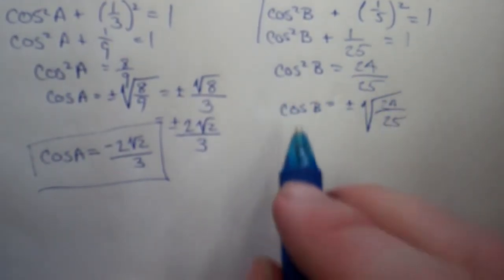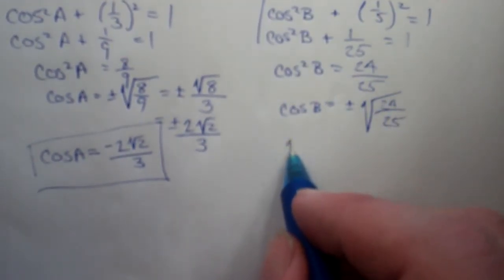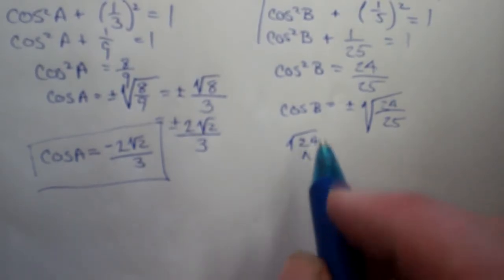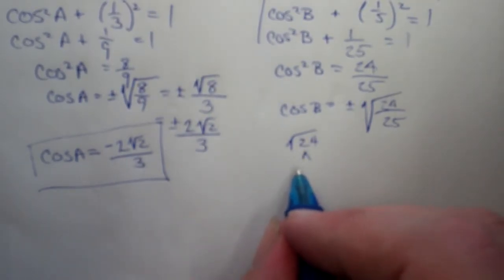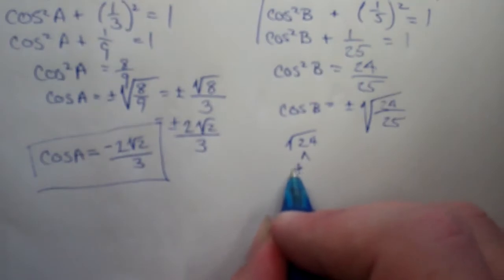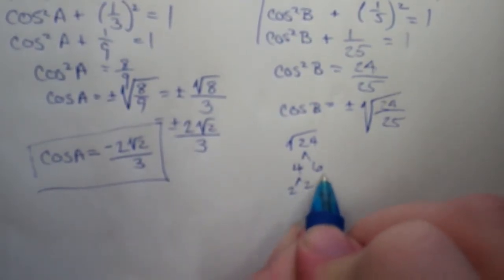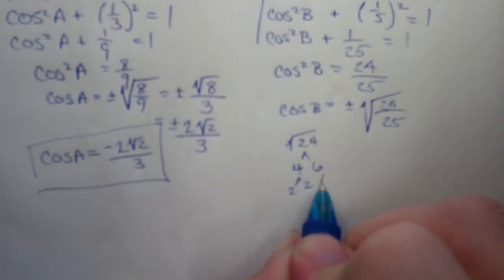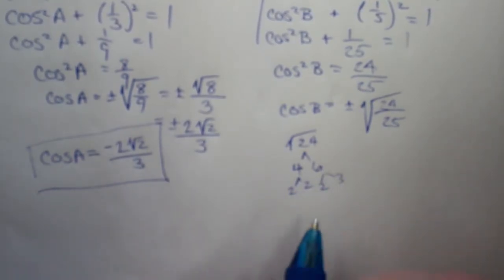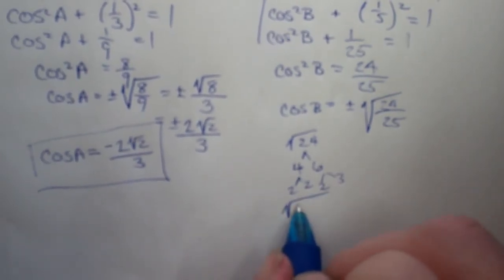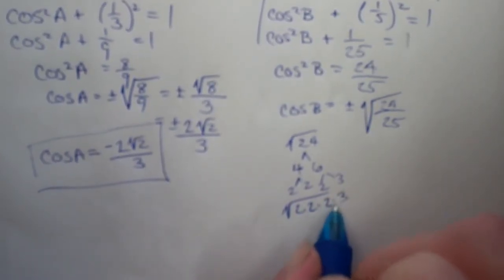We'll have to simplify this radical 24. Well, radical 24 is the same thing as 4 times 6. The 4 breaks into a 2 and a 2, and the 6 breaks into a 2 and a 3. So we end up with radical 2 times 2 times 2 times 3.